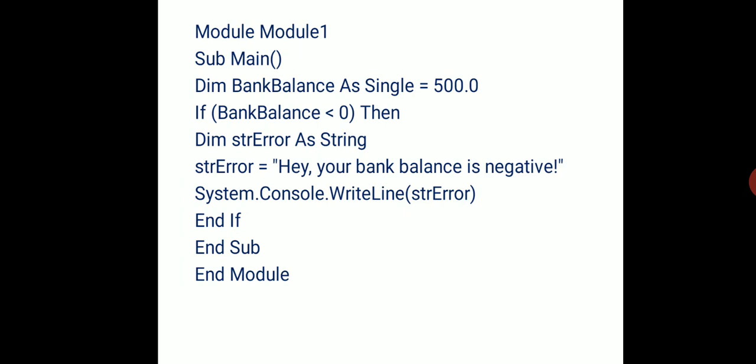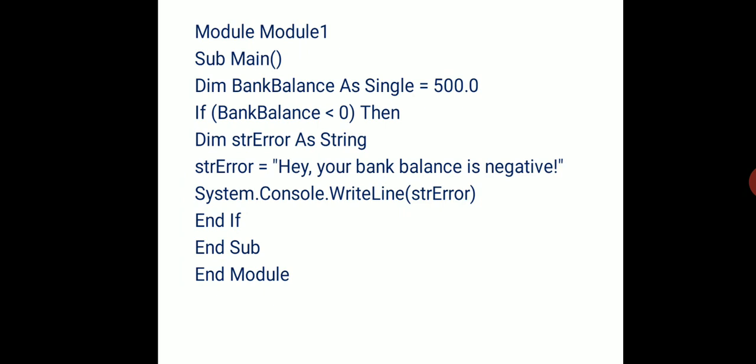so for example, here is a piece of code: dim bank balance as single equal to 500. Okay, using dim we declare the variable or a constant. So here bank balance is declared and the value assigned is 500. So we are checking if bank balance is less than 0, then dim str error as string.